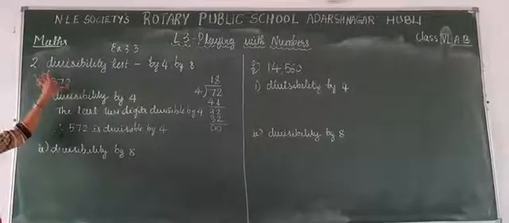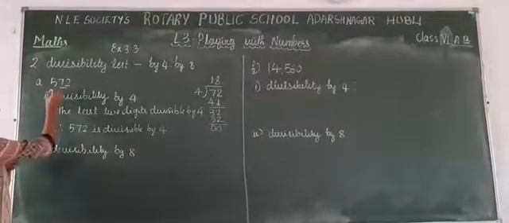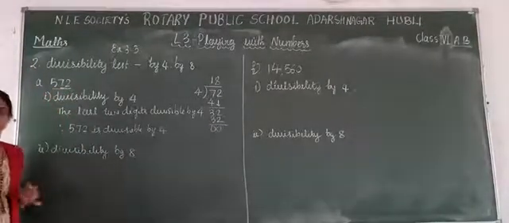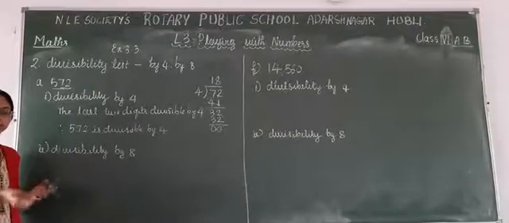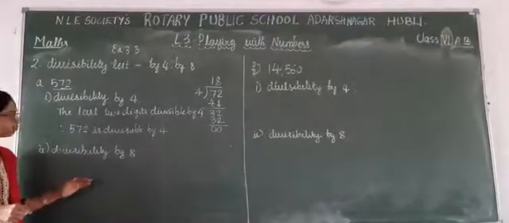So for the same number, whether it is divisible by 8 or not, how are we going to test? If the last three digits, the digits in ones, tens, hundreds place taken together, are divisible by 8, then that number is divisible by 8.